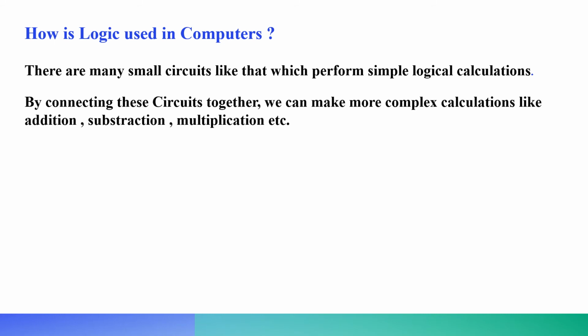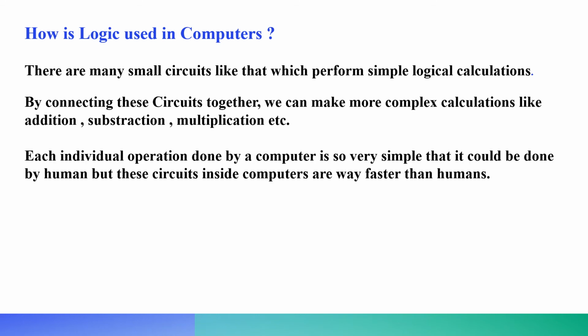By connecting these circuits together, we can make more complex calculations like addition, subtraction, multiplication, etc. Each individual operation done by a computer is so very simple that it could be done by humans. But these circuits inside computers are way faster than humans. Today's circuits in computers are microscopic but much faster and can perform billions of operations per second.